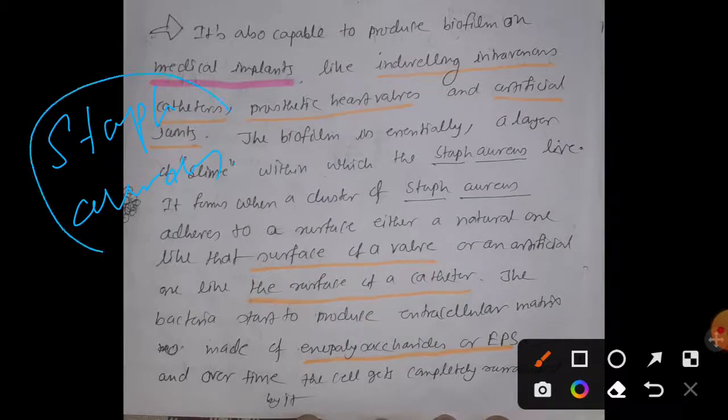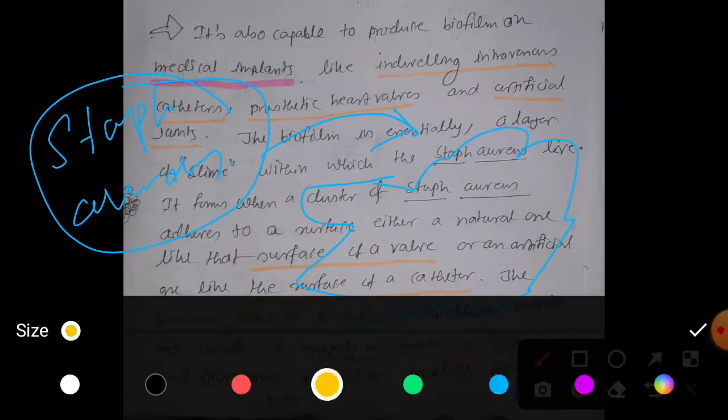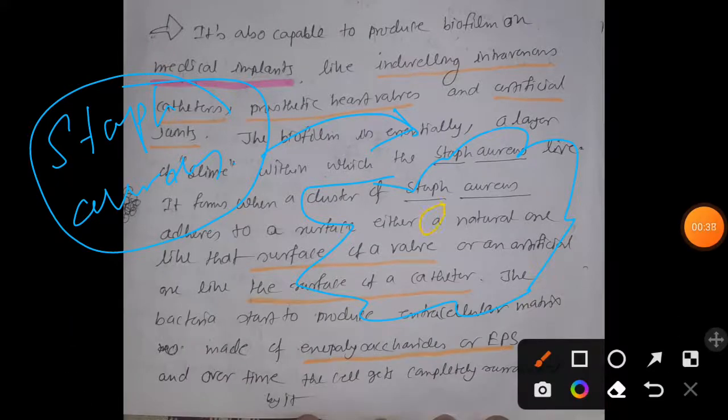So what is the biofilm? Biofilm is essentially a layer of slime within which Staphylococcus live. In previous videos we have talked about how Staphylococcus looks like golden grapes, right? So golden grapes surrounded by slime layers are called biofilms produced by Staphylococcus aureus.